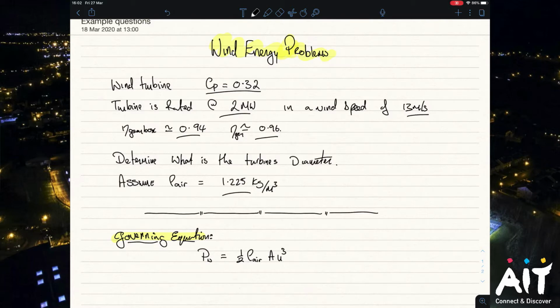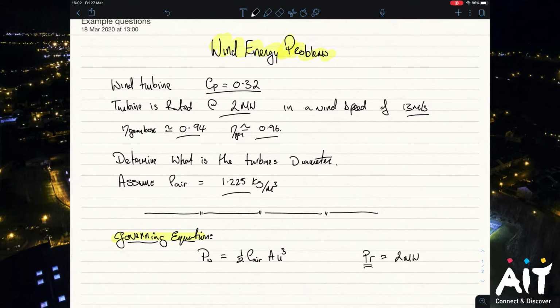Now, that's very fine for us, but we also have to take into account that the wind turbine has some efficiencies and some losses associated with it. So we need to determine what would be the diameter to extract the energy from the wind. We're told that the rated power is equal to 2 megawatts.